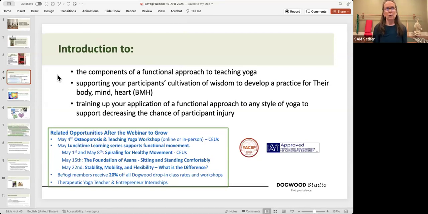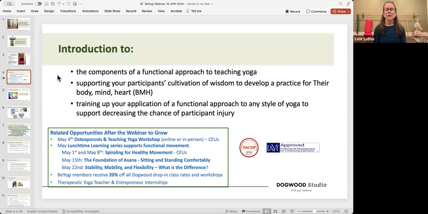What we're going to focus on with our time today is what I define as the components of a functional approach to teaching yoga. A lot of the teachings focus on the physicality, which is super important, but there are other components for sure. And actually the physical space of it is just lifelong learning.